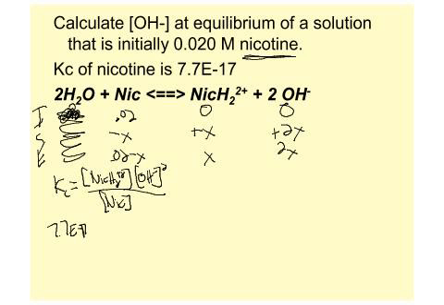Again, because K is so small, that means my guess could be even smaller. So my value for NicH2 plus is x. 2x, I'm never going to write 2x squared. I'm always going to write 4x squared because even the best of us are going to make that mistake. So I do that as quickly as possible. And nicotine is 0.02 minus x.